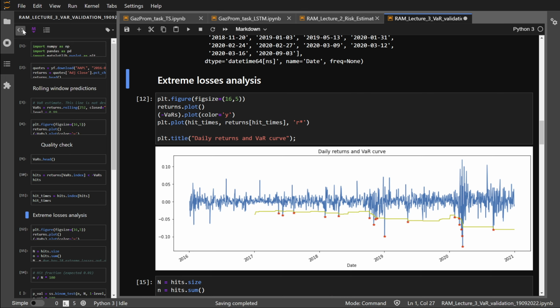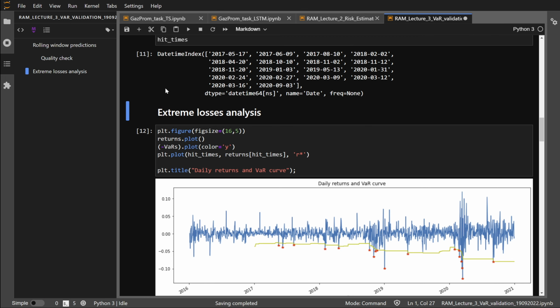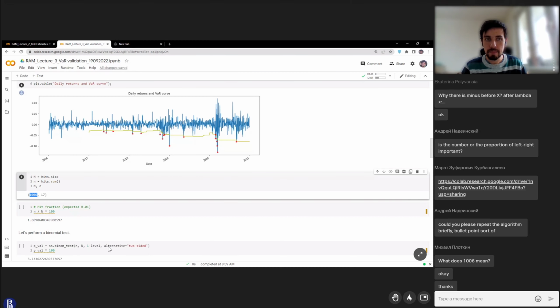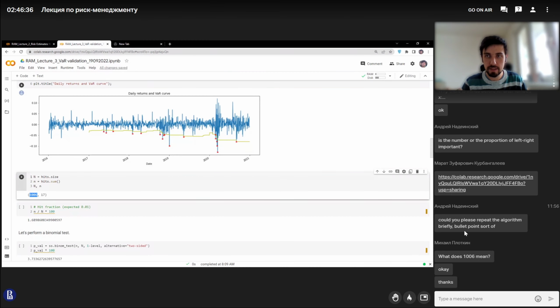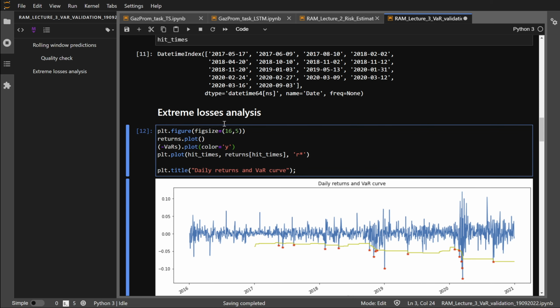So actually, you can think about it as 4 years of historical data where I simulated my behavior of producing an estimate of value at risk for the next date, and then observing actual loss.